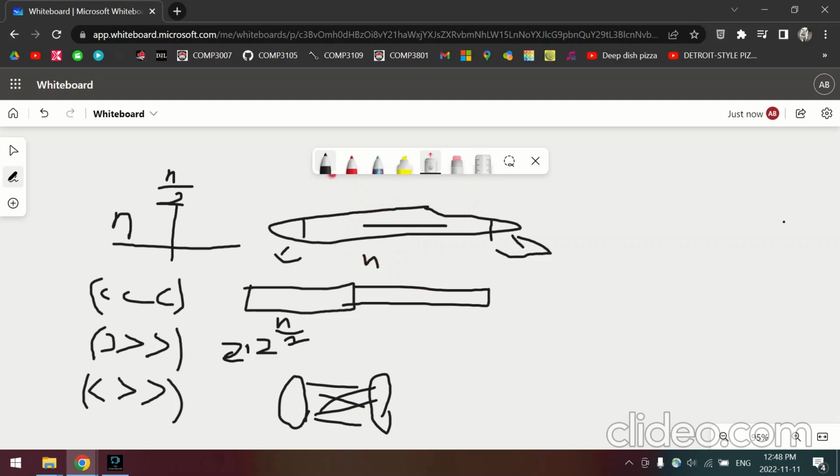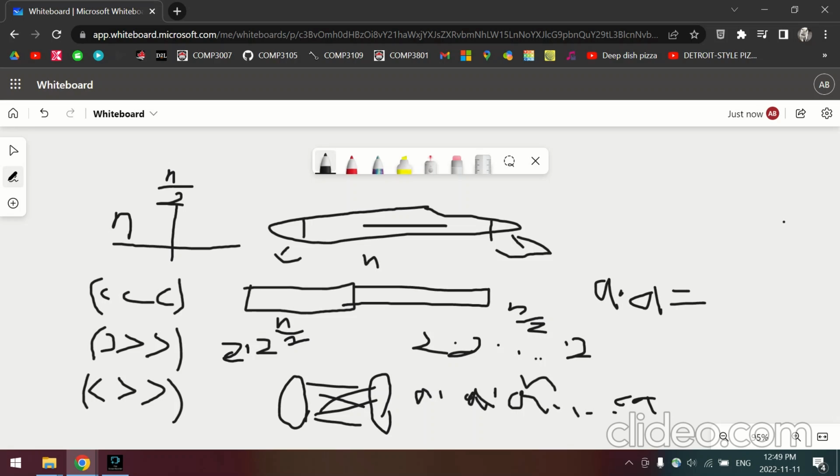So now let's get into the problems with this. First off, this is big O, 2 to the power of n over 2 for each recursive call. So 2 to the power of n over 2 is essentially 2 times 2 times ... times 2, n over 2 times, which could be written out as a times a times ... times a, n times, which essentially means that a times a is equal to 2.